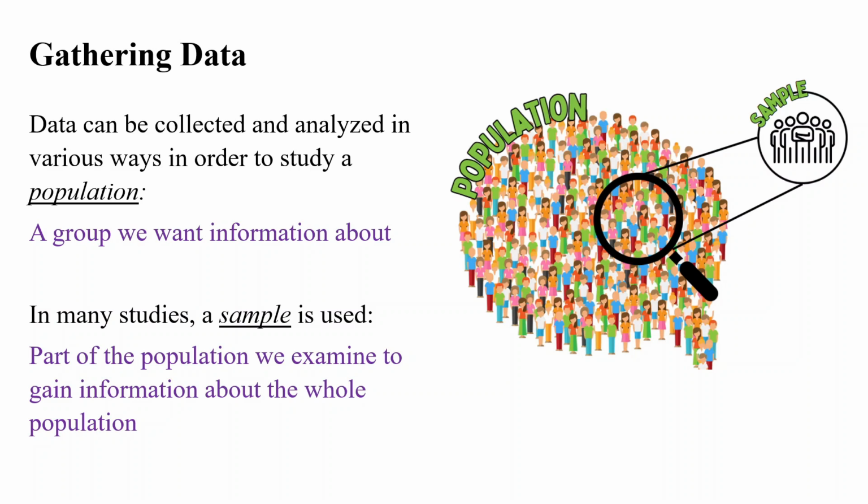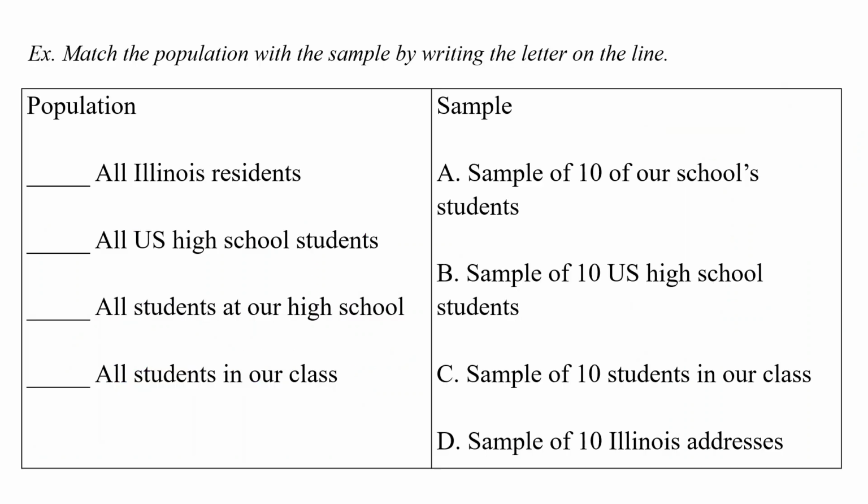So when we choose that sample, we want it to be in a lot of ways like a mini population itself, so that we can analyze the sample, get our data, whatever we need, and then apply it to the whole population. So when we look at our example here in the notes, it says match the population with the sample by writing the letter on the line.